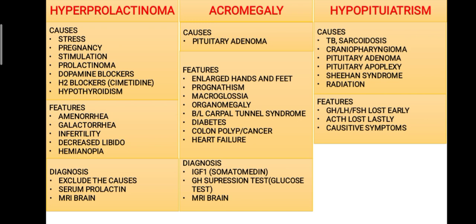But if you check ACTH, it may be low or not, because ACTH becomes low only after a few days or months. So to diagnose early, you have to check the hormones that are lost early. Then we also have the causative symptoms, that is, if you have TB, you would have TB symptoms.